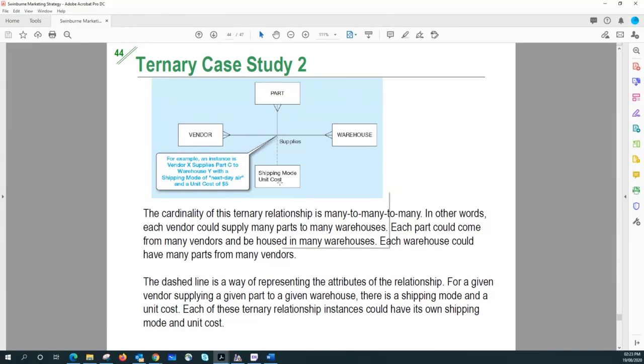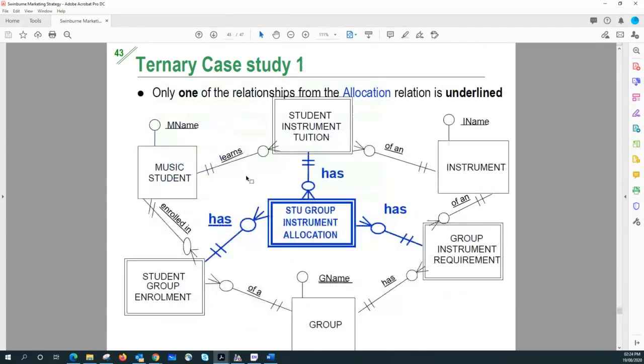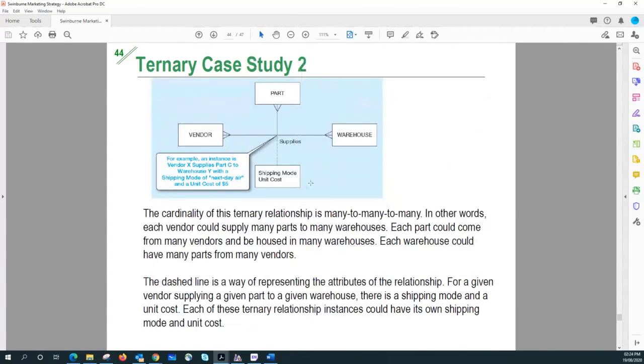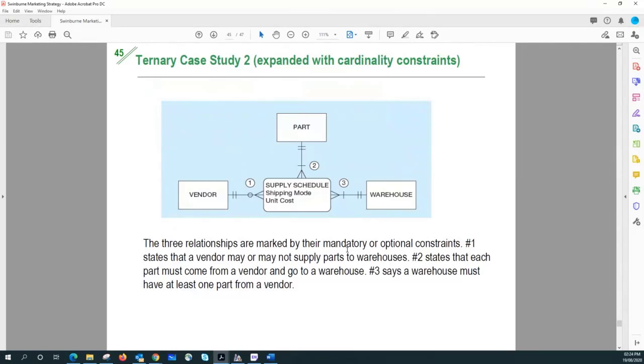So shipping mode and the unit cost actually need to go here in the middle, on the super weak entity that we create, like here. Okay. So if I create that super weak entity in the middle, now it looks like this.